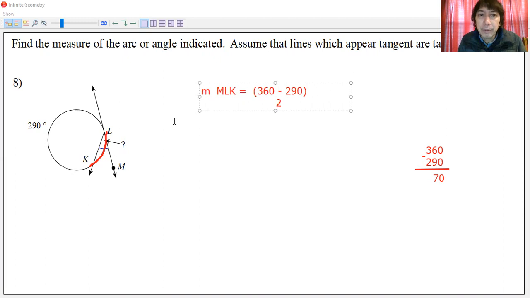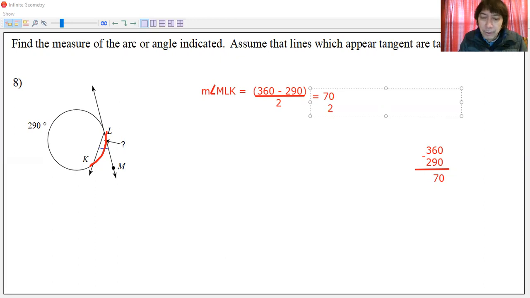So we have the symbol here, angle. The measure of the angle MLK is equal to 360 minus 290 divided by 2, which is equal to 70 divided by 2, which is also equal to 35, 35 degrees.